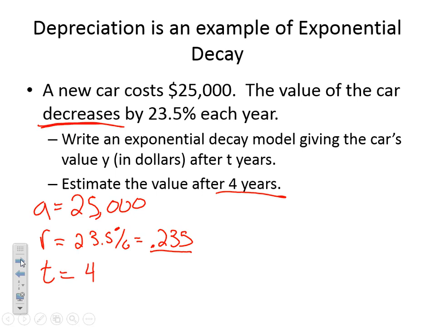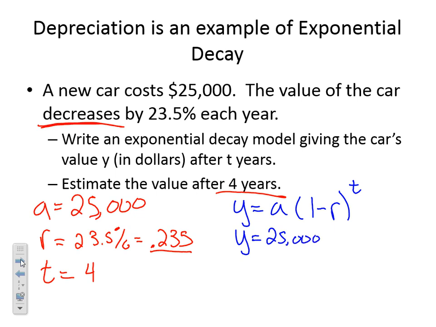So if we write it in our equation, y equals a times 1 minus r to the t power, y equals $25,000 times the quantity 1 minus 0.235, whoops, to the fourth power.